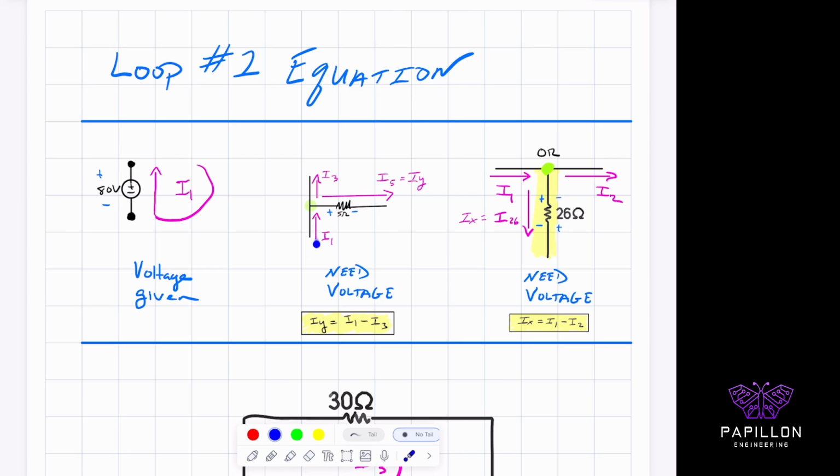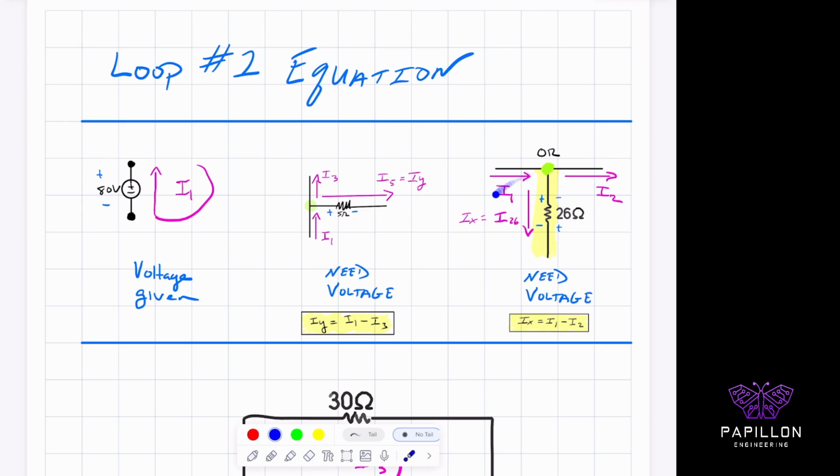Because I'm going clockwise, I1 is going up. Because I3 is going clockwise, it's going up as far as this node is concerned. Because I'm evaluating I1 and I'm in loop 1 only, I'm therefore taking the stance that the current will enter the positive and continue on its direction, which is why I5 or IY is going towards the right.